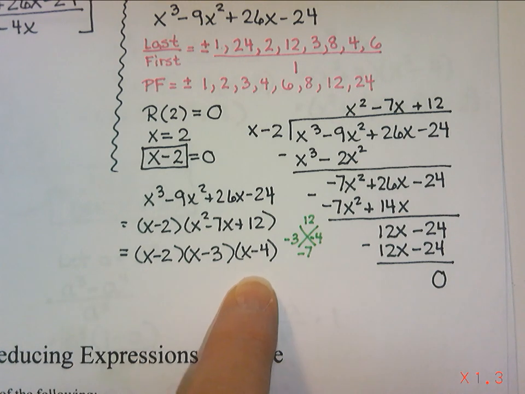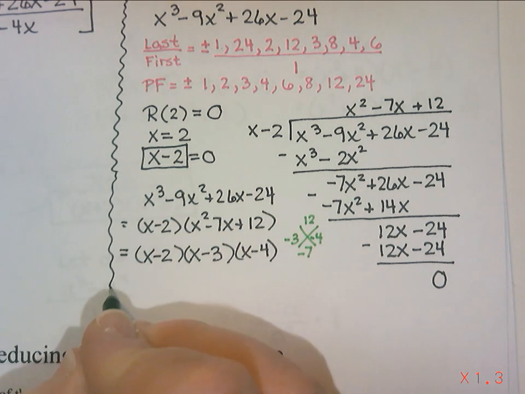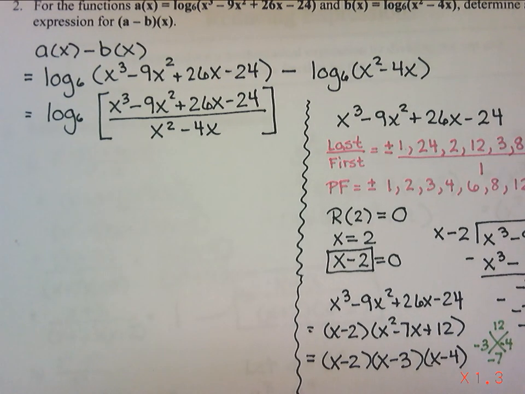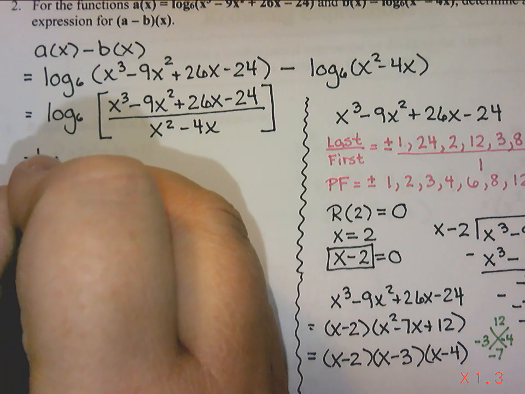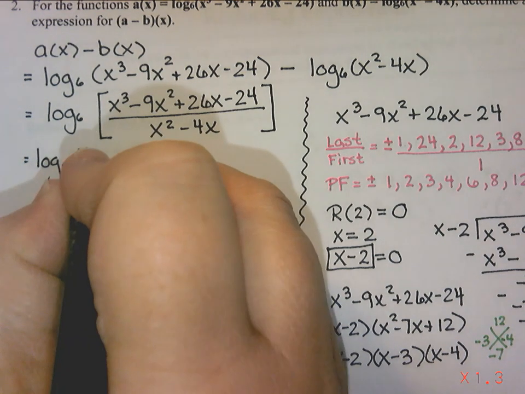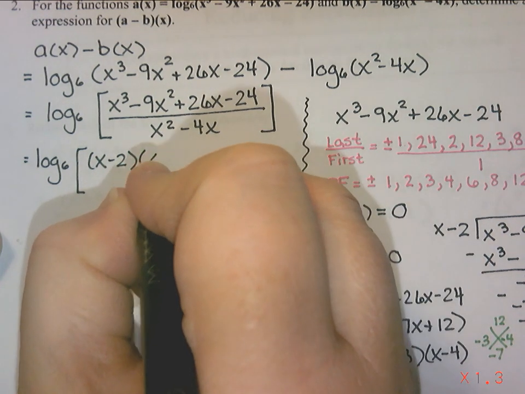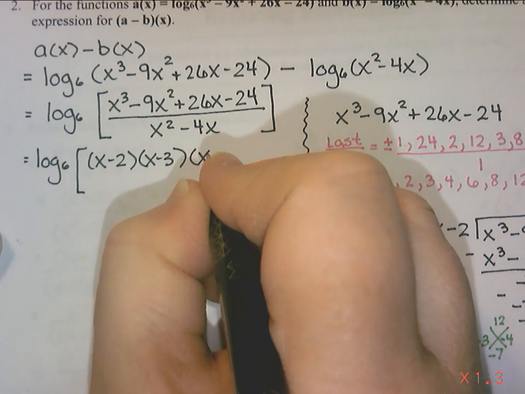Okay, now that I have factored this, it is going back into that log equation that we started with. So I'm going to replace the numerator with x minus 2, x minus 3, and x minus 4.